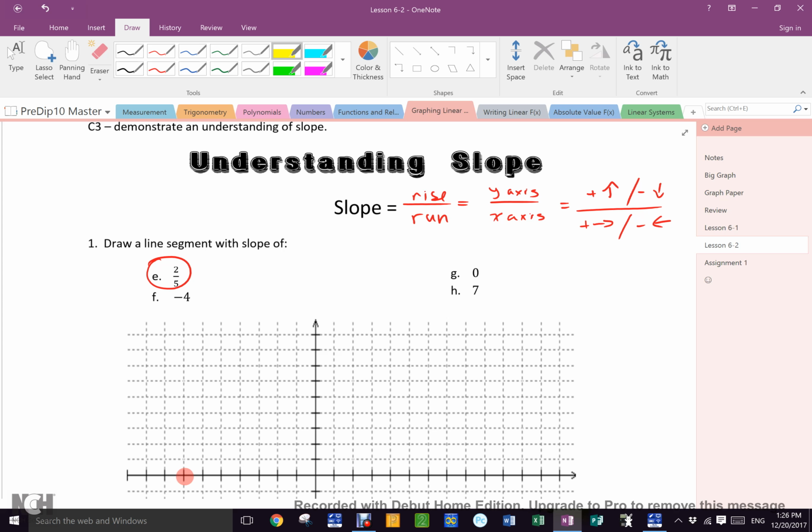And the chance of me placing my dot in the same place you place your dot is approximately 1 in 49. Okay? Because there's 49 possible places. I'm going to put mine right there. I'm just kidding. Now, place another dot so you can make a line with the slope 2/5.